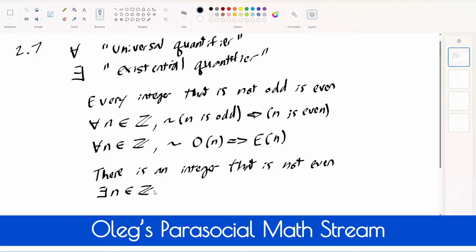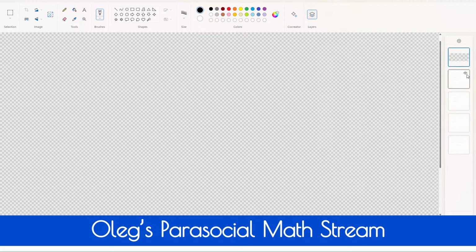There's just an integer, and that is not even. So they put periods at the end of these. You gotta look for these little things. These are technically sentences, even though they're symbolic logic. They are still sentences, so I guess they want periods at the end of them. All right, that works. All right, let's go to the next page.